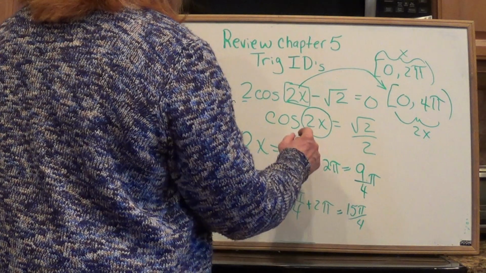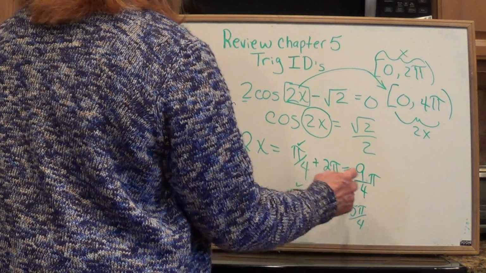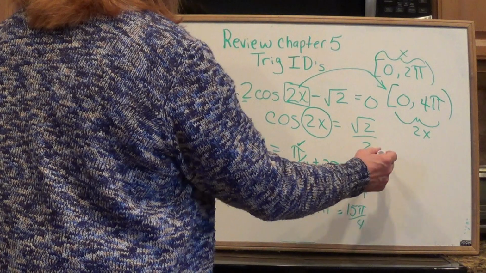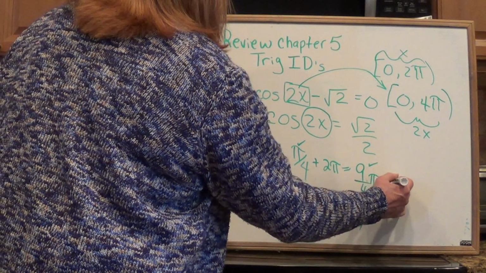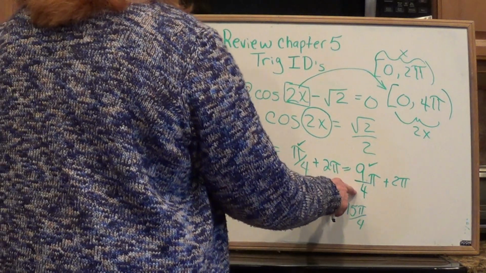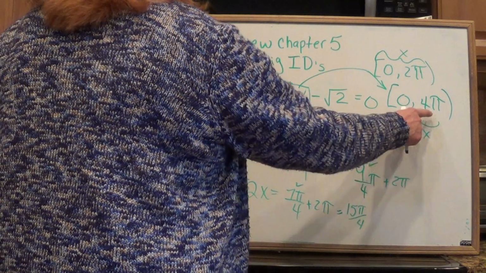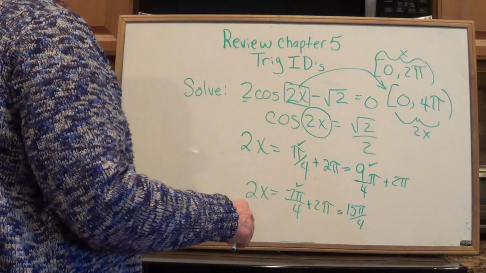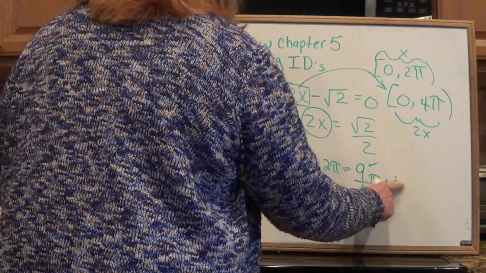So I've spun this one and I've spun this one, so let me go and spin this one. If I add 2 pi to it, I'm adding 8/4 to 9/4, I get 17/4. So you can see that is greater than 4 pi, so it's out of range.